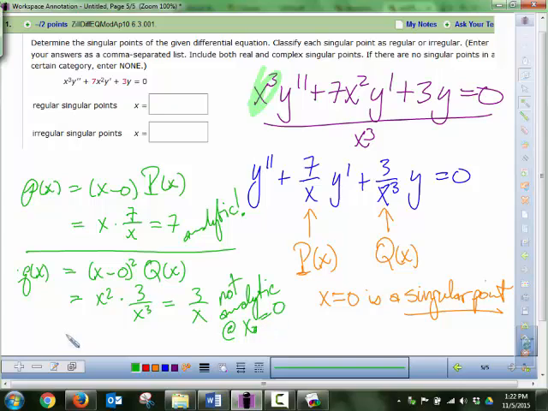Since it's not analytic here, we have to say this is an irregular singular point. Okay, so no regular singular points, and 0 is an irregular singular point for this problem. That's all they're asking for here. Okay, let's see.